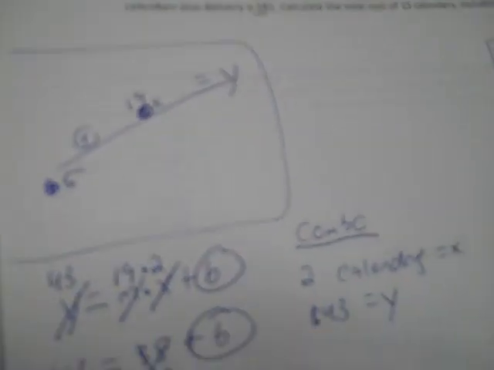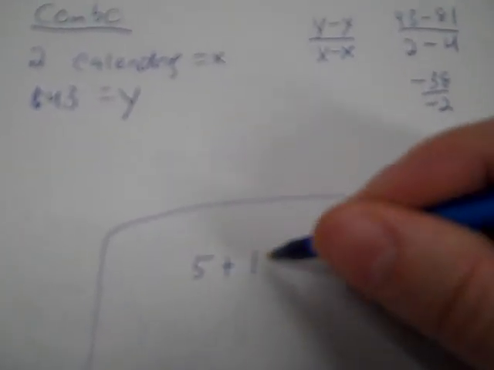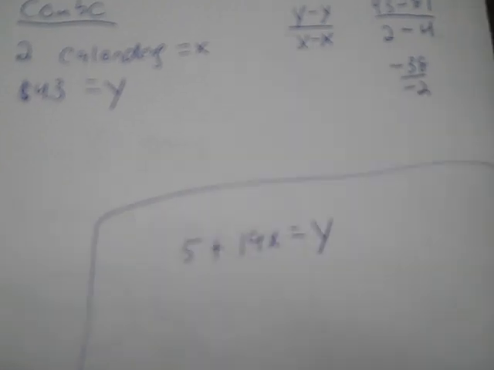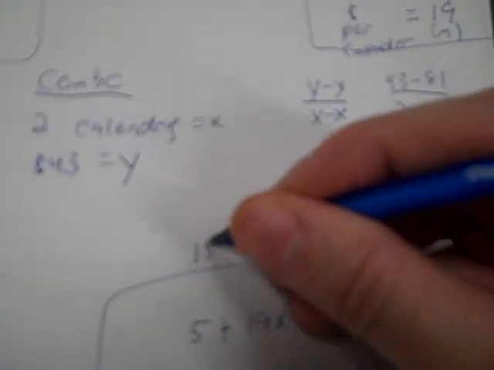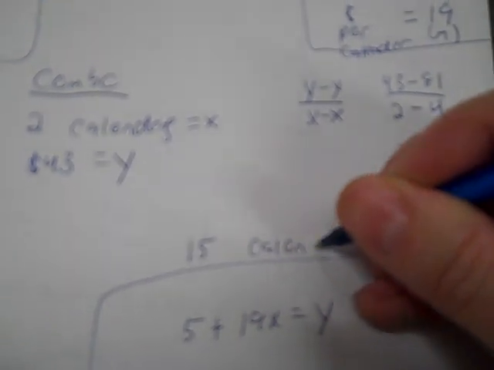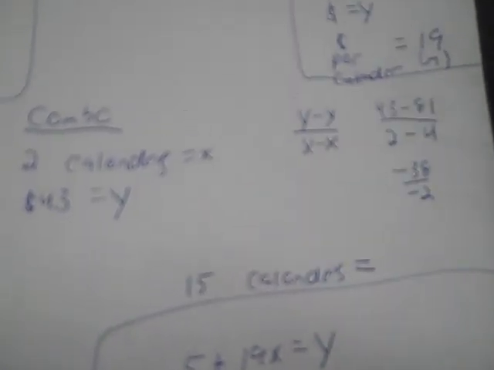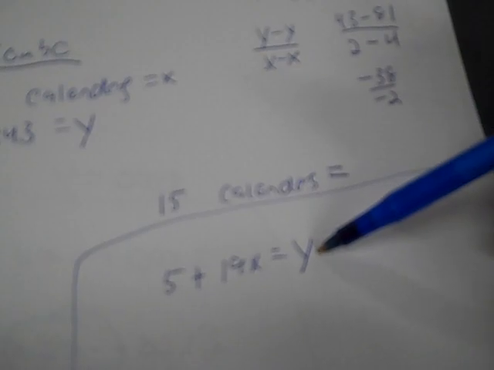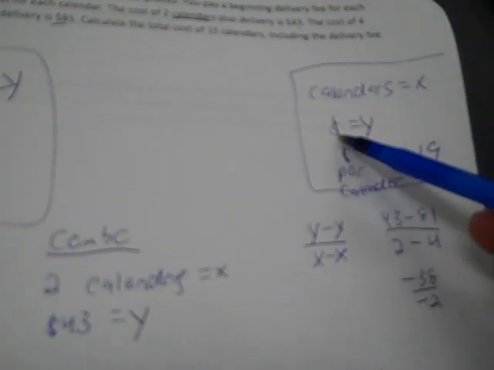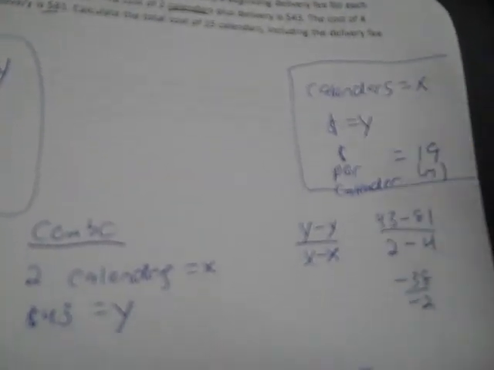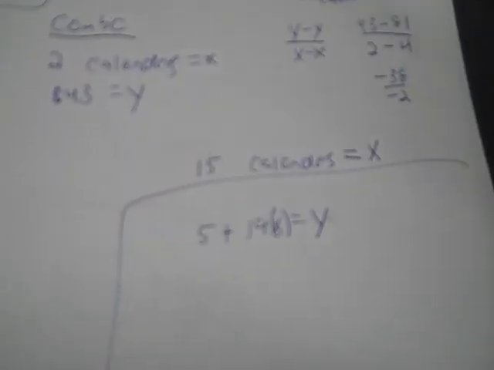So my equation is 5 plus 19x equals Y. And I put 15 calendars in the equation. Again, the number that goes into equations is always the last number that you get. But you've got to be careful. You don't put 15 for Y. Y is money, it's not $15. It's 15 calendars, so that's going in for X. So I replace the X with 15.